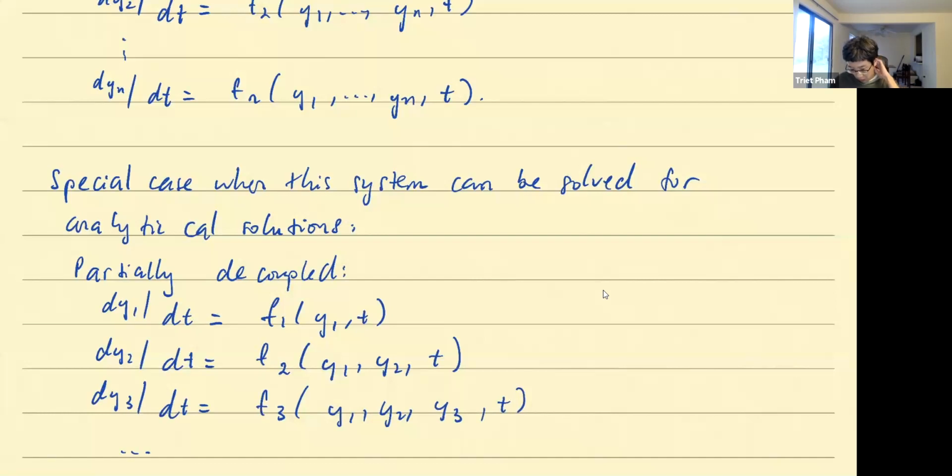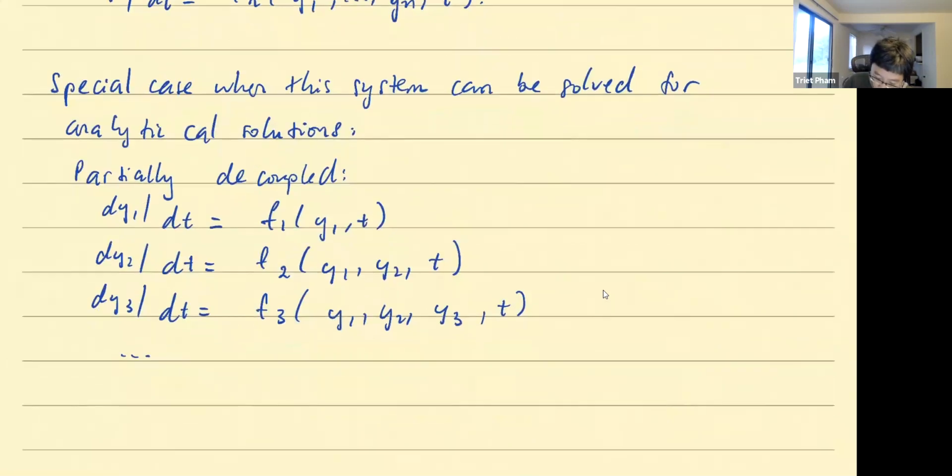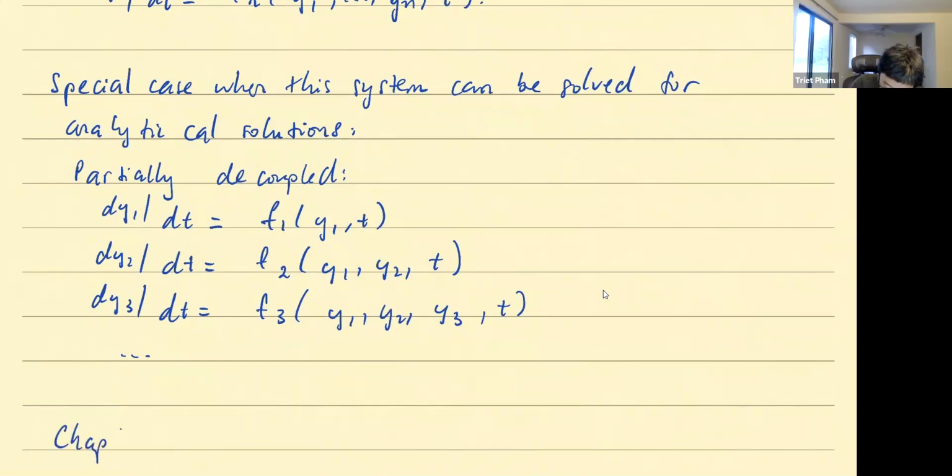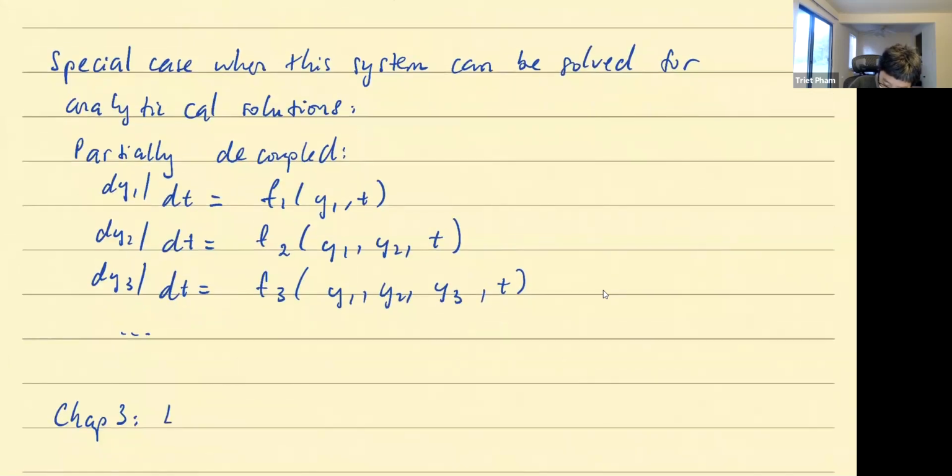Of course, this is too specific and too special. By the way, with that discussion, we finish chapter 2 and we move on to chapter 3, where we specialize not in a partially decoupled system, but in something called the linear system of first order ODEs with constant coefficients.